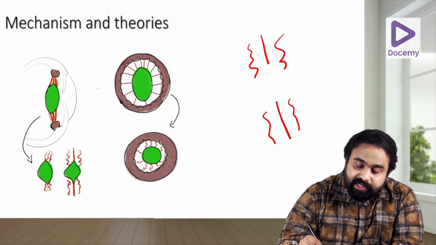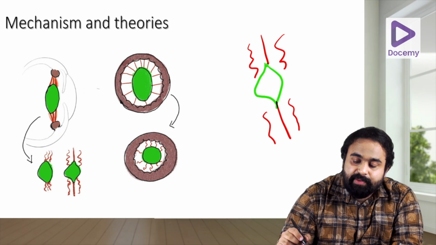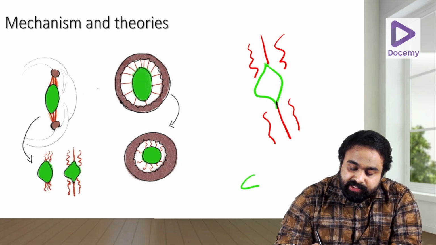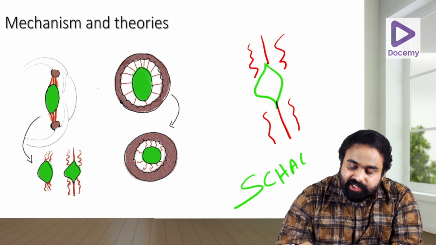So the lens will attain a peculiar conoidal shape, like this: centrally elongated and peripherally more curved. There are many pros and cons for these theories also. And this theory is called Schachar theory. Just remember these names.